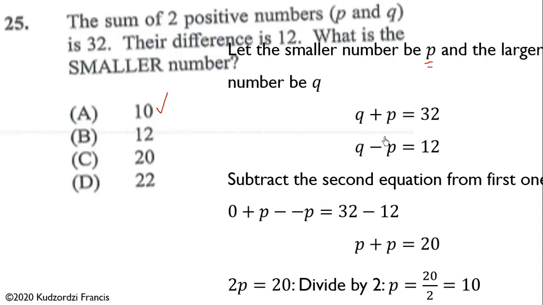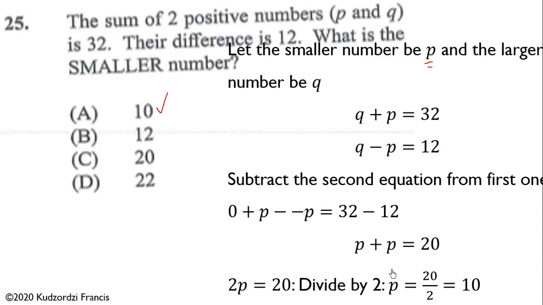So if you add both, you get 2q equal to 44. Then divide both sides by 2, you get 22. Now you put 22 here. 22 minus p is equal to that. Then you get 12 minus 22, which will give you negative 10, and you solve to get your 10. Now that will be a bit lengthier, but this is the best way to go for now in the exam hall.